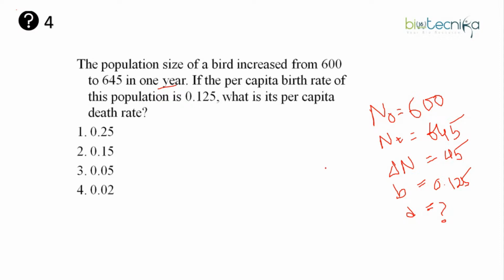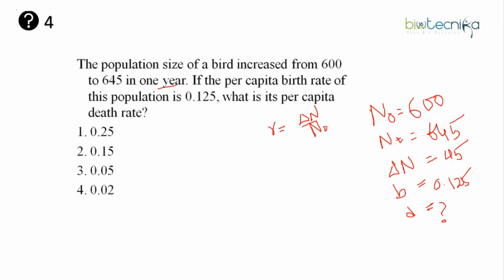So how will you do? What is R? R is the per capita growth rate, right? So how will you find R? It is your delta N by initial population, or N0.